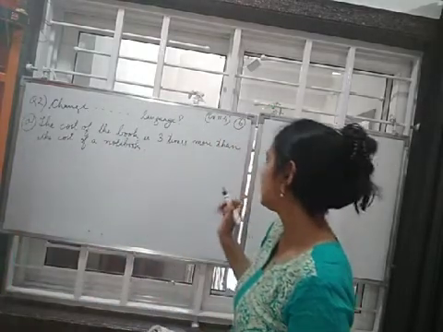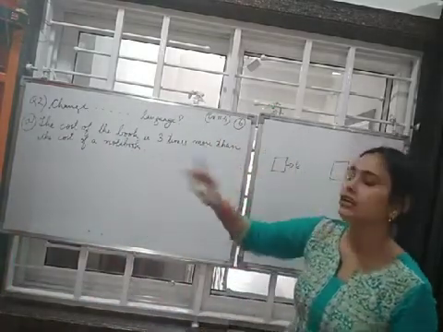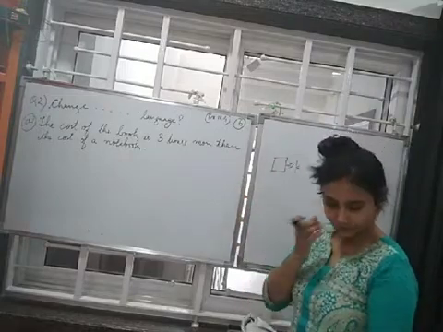The cost of the book is 3 times more than the cost of the notebook. So let's write. The cost of the book is 3 times more than the cost of the notebook.